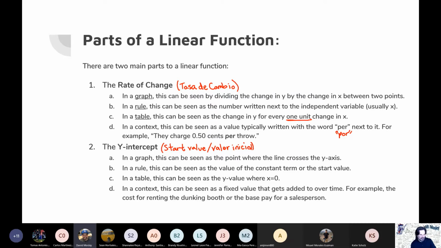And in a context, this can be seen as a fixed value that gets added to over time. For example, the cost of renting the dunking booth or the base pay for a salesperson. The y-intercept or the start value is a fixed value that we are adding to over time.